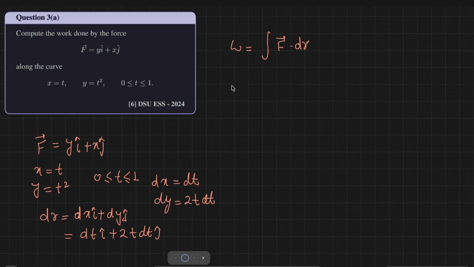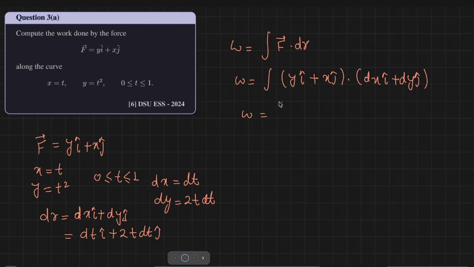Okay. Now you simply write down like this. So f is basically y i cap plus x j cap dot dr, and dr is basically your what I can say dx i cap plus dy j cap.